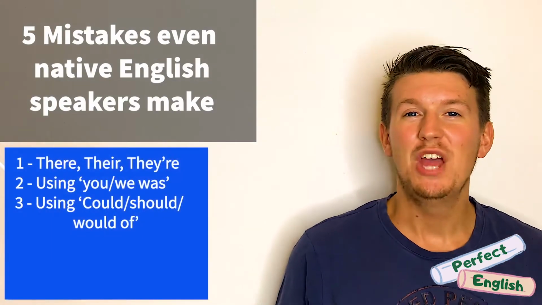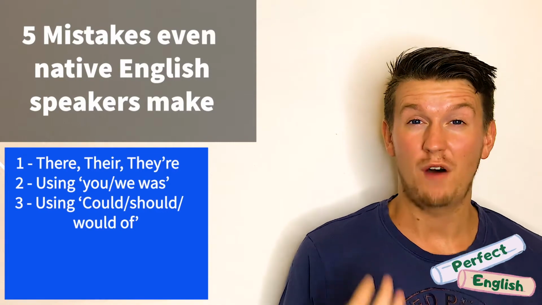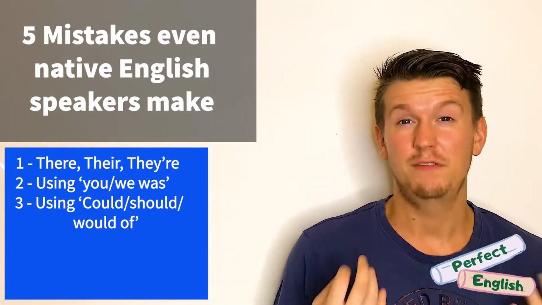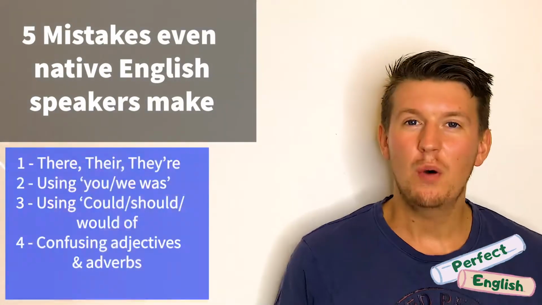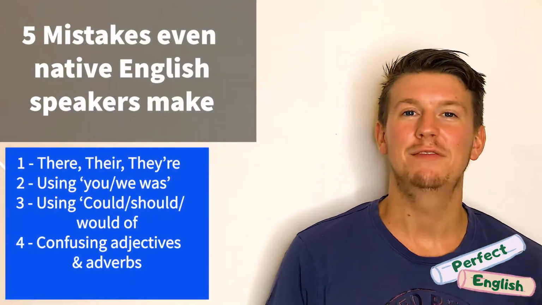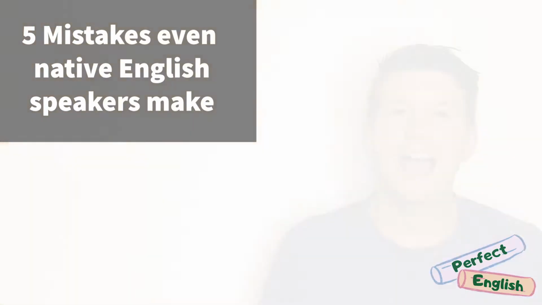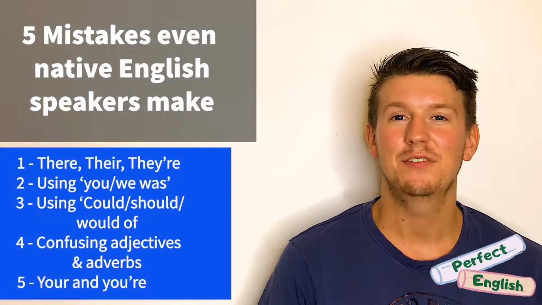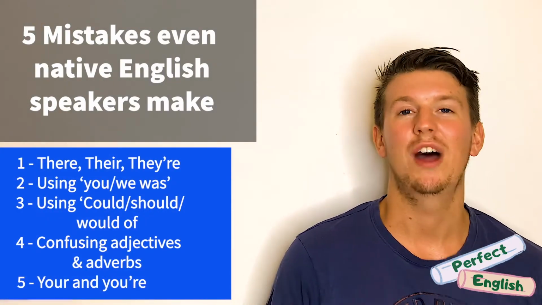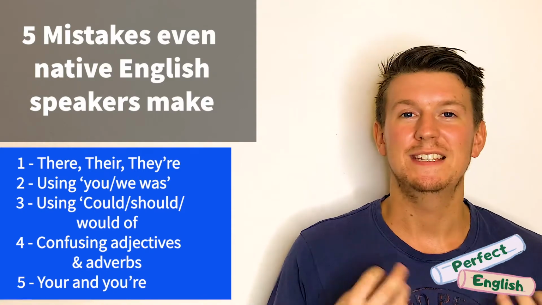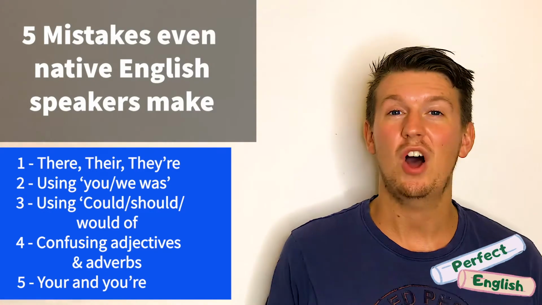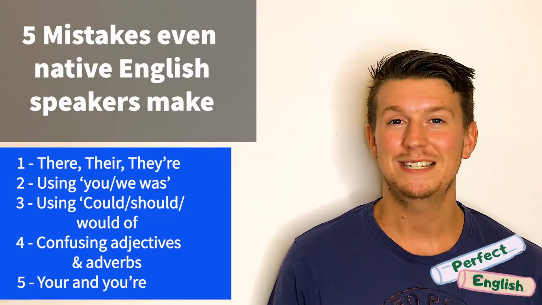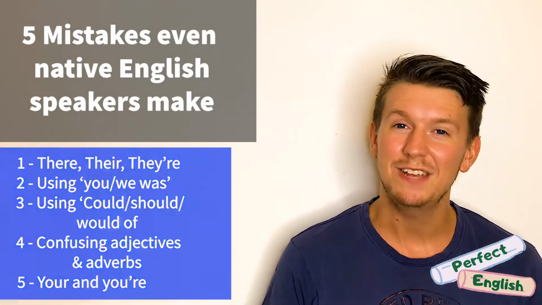Number 3, using could of, would of, should of instead of using could have, should have, would have. Number 4, confusing adverbs and adjectives. And number 5, the difference between your and you're. Again, 2 words with the same pronunciation that have different meanings. So they are the 5 common mistakes I'm going to go through in this video.